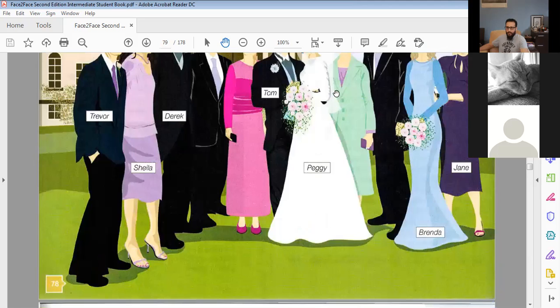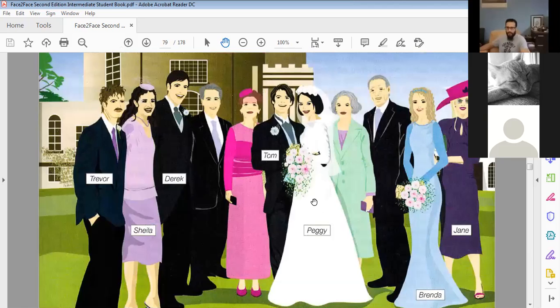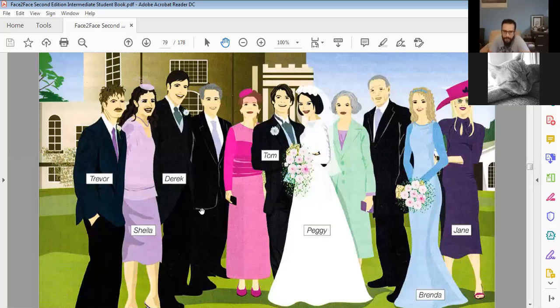Okay, so here we have a family photo or a family portrait, or let's call it a family photo. I think family photo is the best way to describe it. Can you read the names of the people in the photo, Ibrahim?